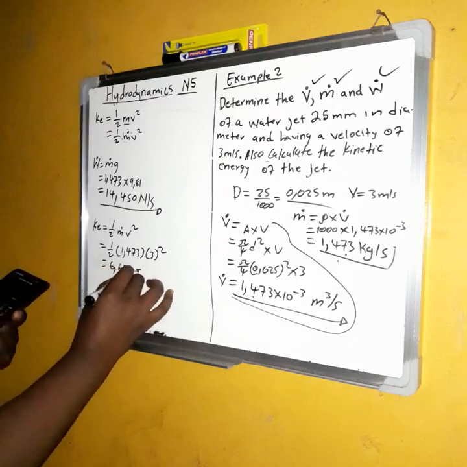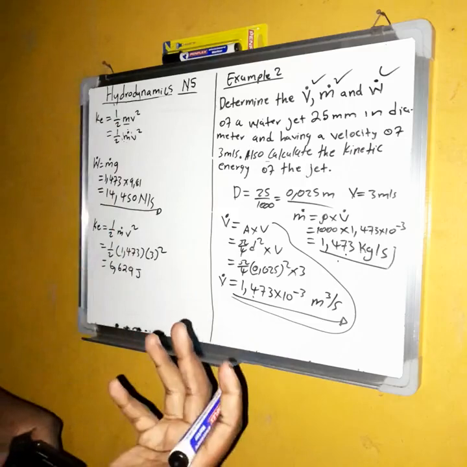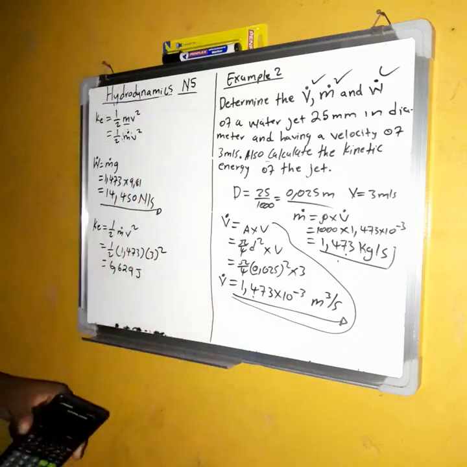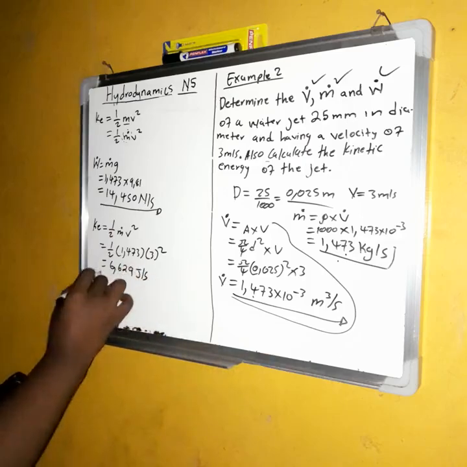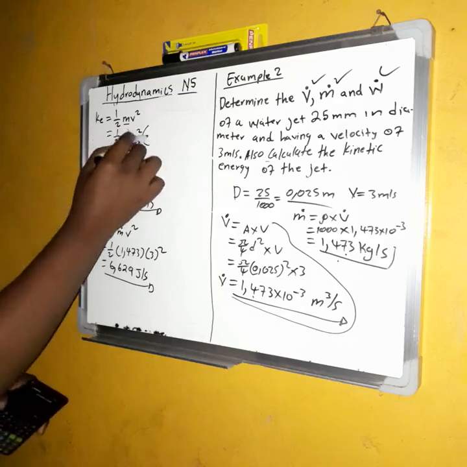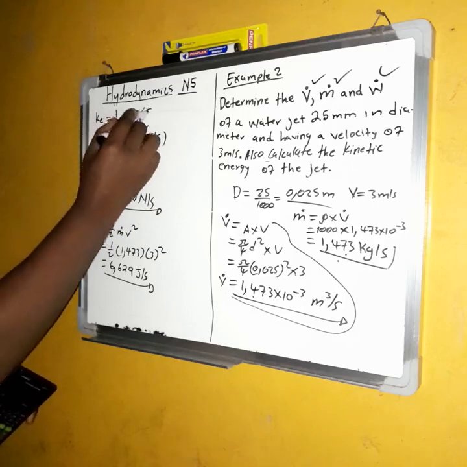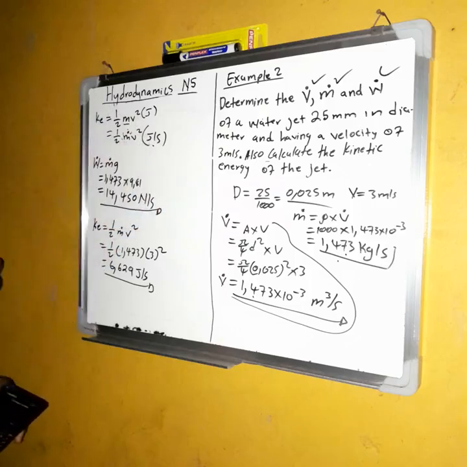Remember, under the flow this is hydrodynamics, the flow in pipe, per second. So this will be joules per second. That one is not a mass flow, so it is measured in joules. That is the difference. Fully understood this, guys?